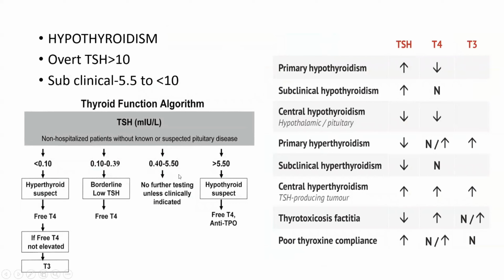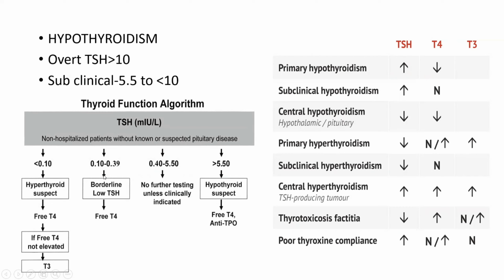0.4 to 5.5 milli international units per liter is normal, and no further testing is required unless clinically indicated. If it is more than 5.50, we have to suspect hypothyroidism and evaluate anti-TPO antibody and free T4. If it is less than 0.10, hyperthyroidism is suspected and we have to evaluate free T3 and T4.